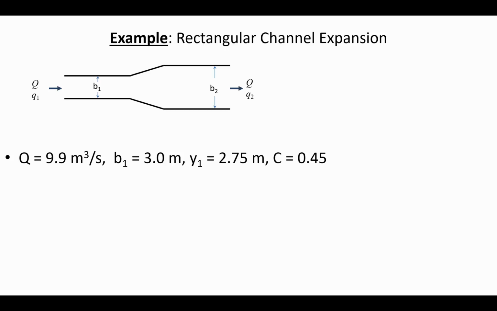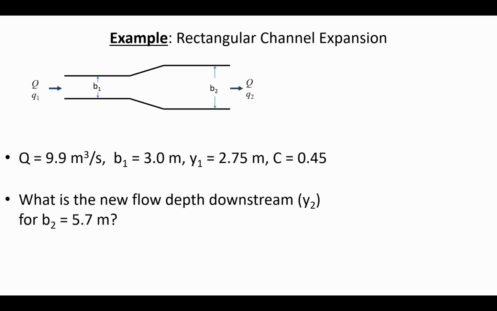That's our known flow rate, but the channel is expanding. So the width of the channel at location 1 is 3 meters. We know the flow depth there, and we know this coefficient, which has to do with how much energy is going to be lost through the transition. What if the channel expands from the first width of 3 meters to a new width of 5.7 meters?